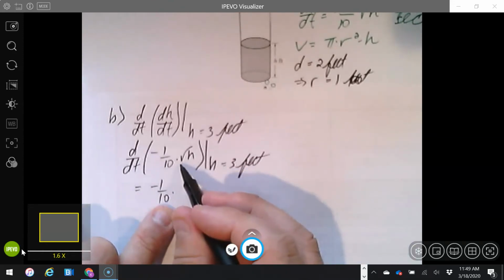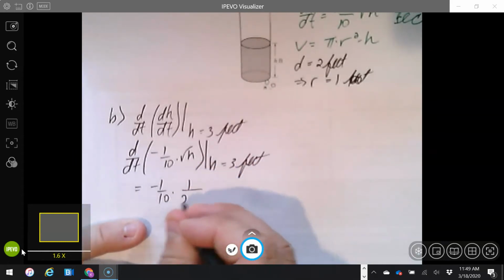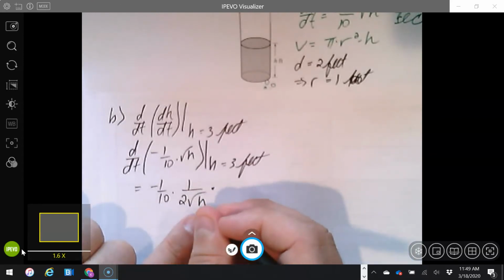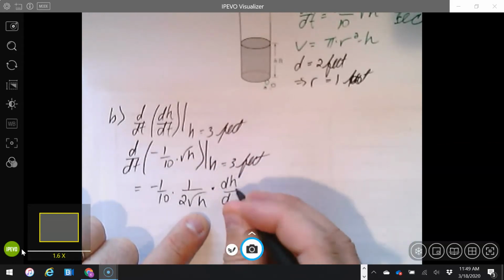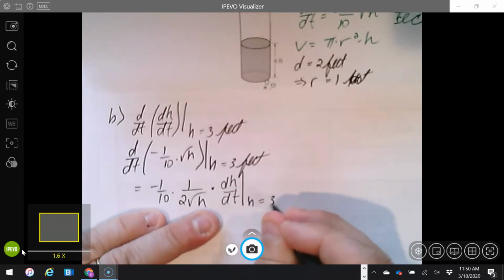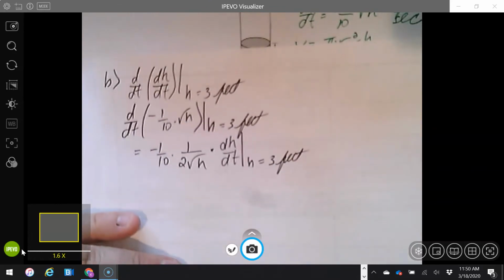The derivative of the square root of h, or h to the half, is 1 over 2 times the square root of the height. But you're taking the derivative of height with respect to t, so you have to multiply by dh/dt. And then we're going to evaluate this expression at 3 feet.